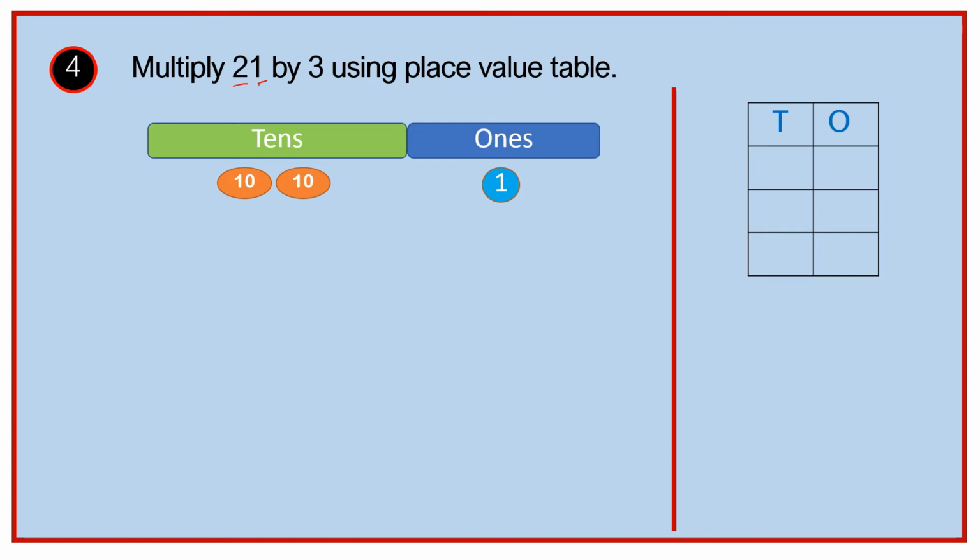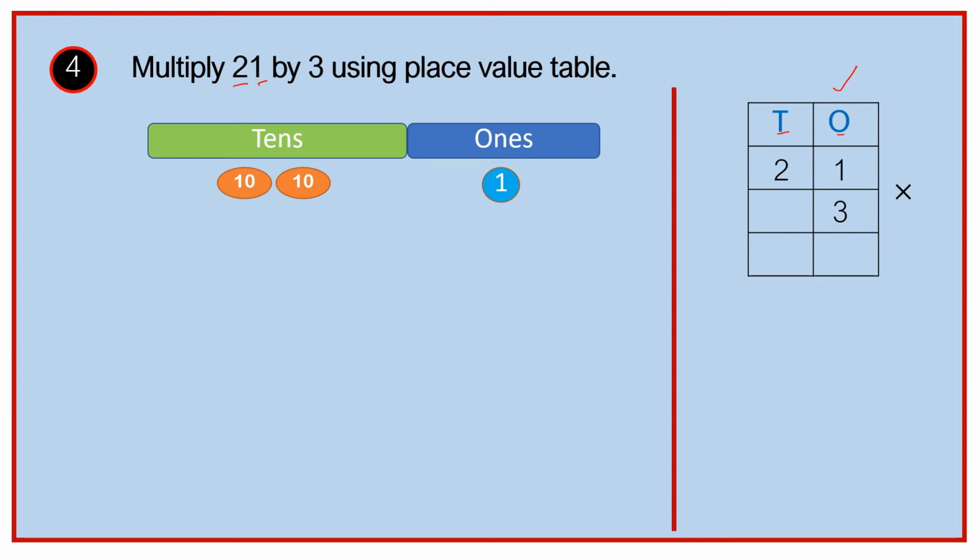So here we have got our place value table, where we have tens and we have ones. And then we have 21 times 3. So we are going to multiply 1 one by 3.